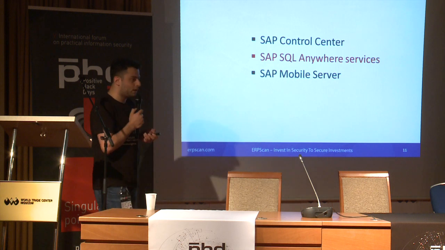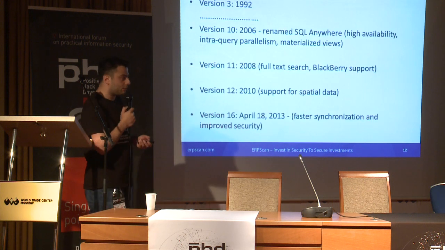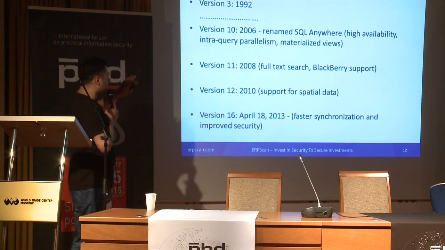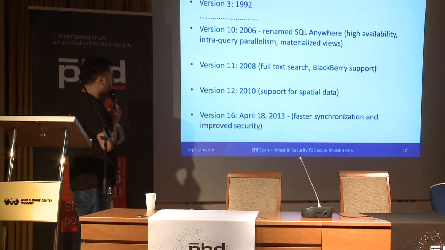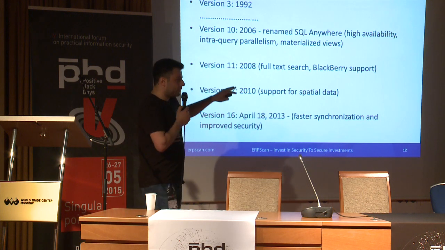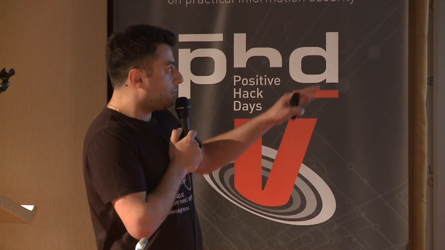The second service is SAP SQL Anywhere. SAP SQL Anywhere is a database which was developed in the 1990s, and in 2006, when they implemented all the main components and services of parallel processing for highly loaded services, they started developing it more widely and using it in a wider set of products.